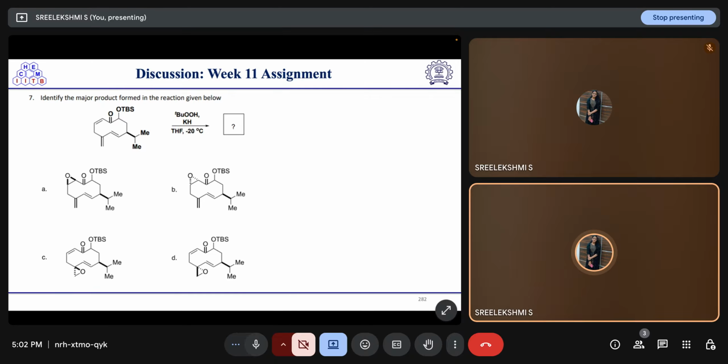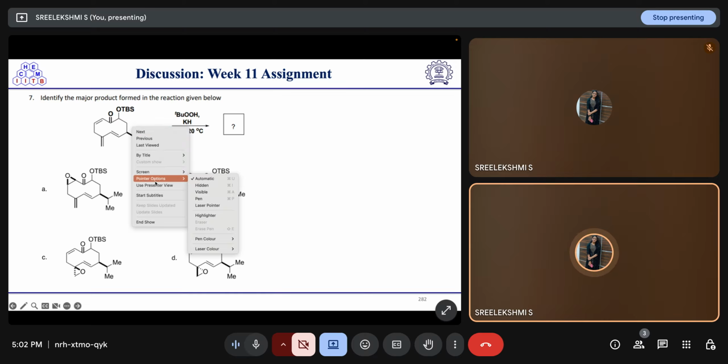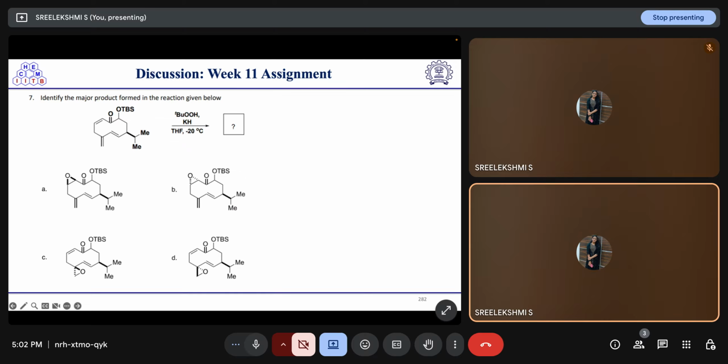So from these options, it is clear that an epoxide is forming. That is, one of those alkenes is getting converted into an epoxide. So you just have to identify, like here are three alkenes, which alkene can be selectively converted into the corresponding epoxide by this tertiary butyl hydroperoxide, and what would be the relative stereochemistry of that epoxide, whether it would be above or below.